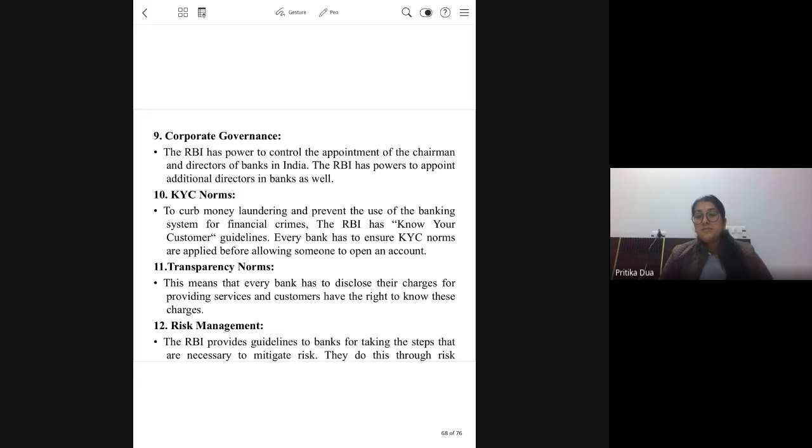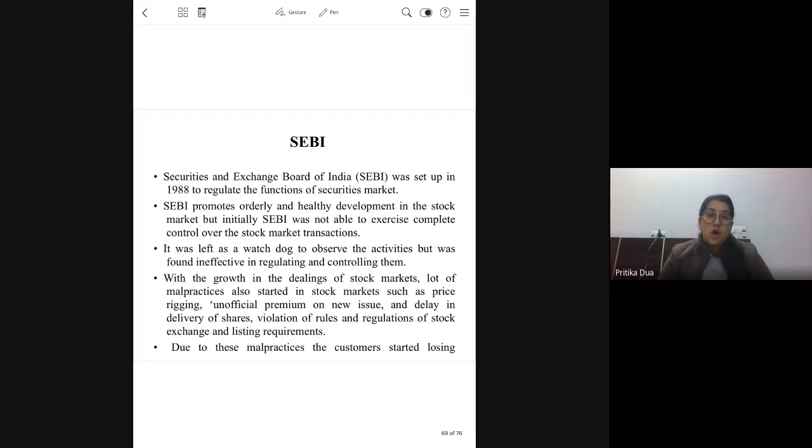All these norms, about how much to keep in risk-weighted assets and how much in cash, are decided and supervised by the RBI. So the RBI is ensuring proper functioning of the banking system in India, and it is the apex authority for that.